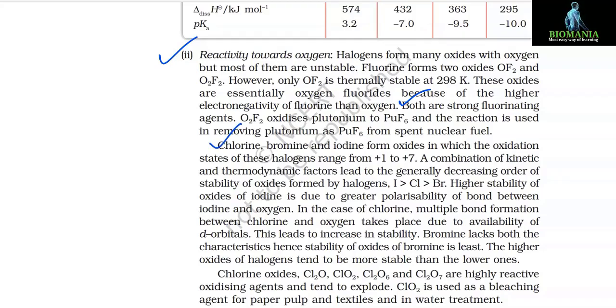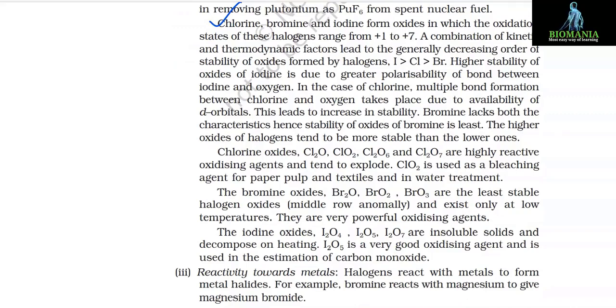Chlorine, bromine and iodine form oxides in which the oxidation states of these halogens range from +1 to +7. A combination of kinetic and thermodynamic factors lead to the generally decreasing order of stability of oxides formed by halogens: I > Cl > Br. Higher stability of oxides of iodine is due to greater polarizability of the bond between iodine and oxygen.